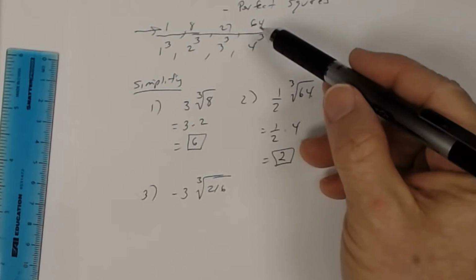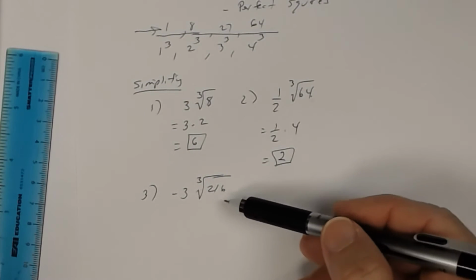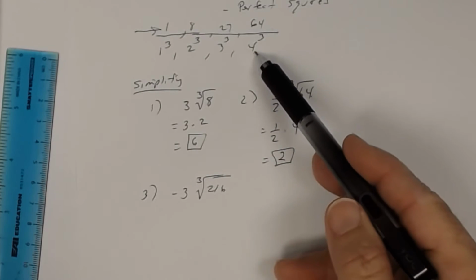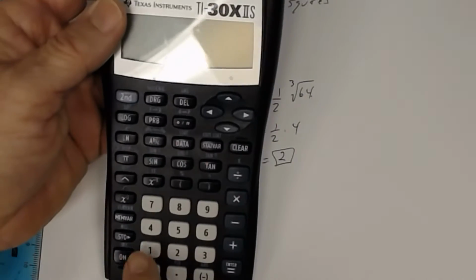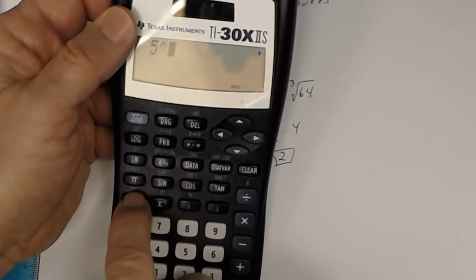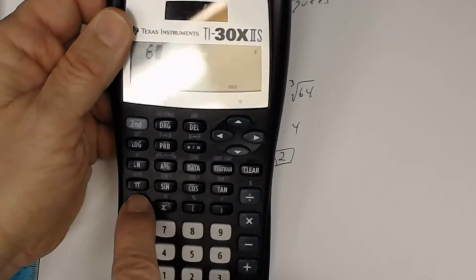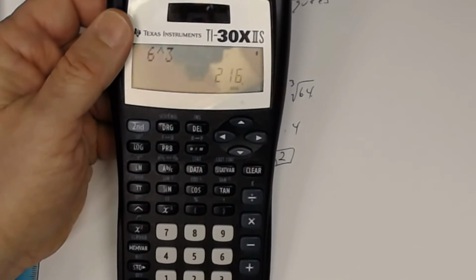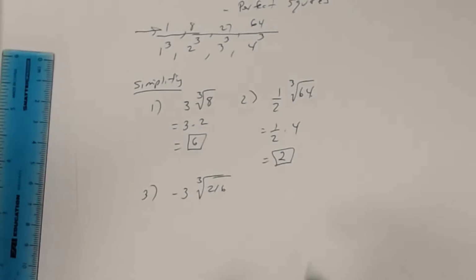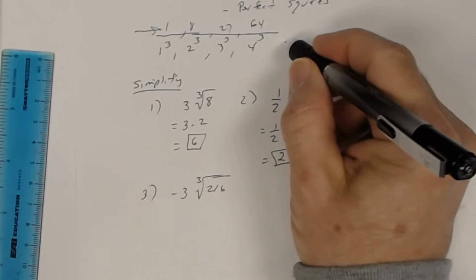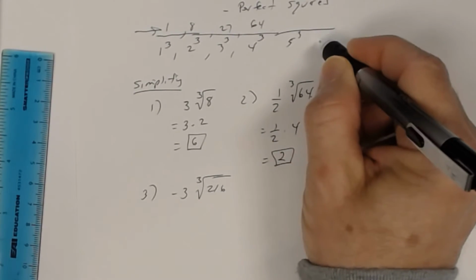You know that 4 cubed is 64, so the cube root of 216 has to be greater than 4. So let's try 5. 5 raised to the third power is 125. So let's try 6. 6 raised to the third power is 216.